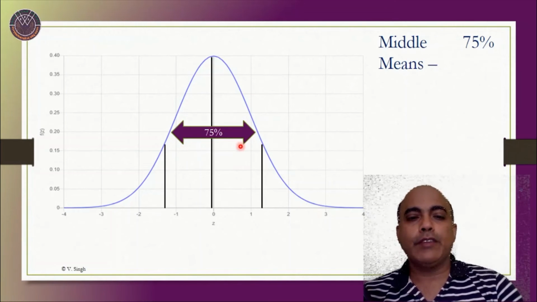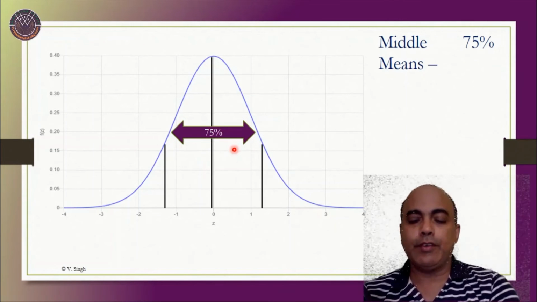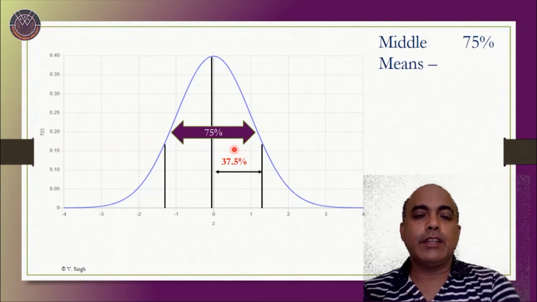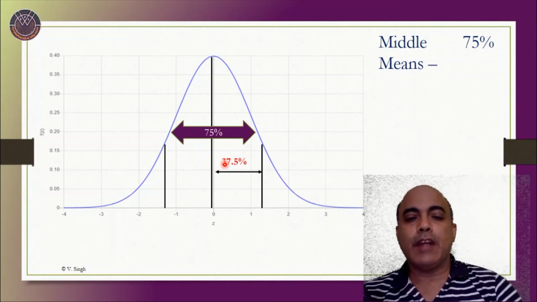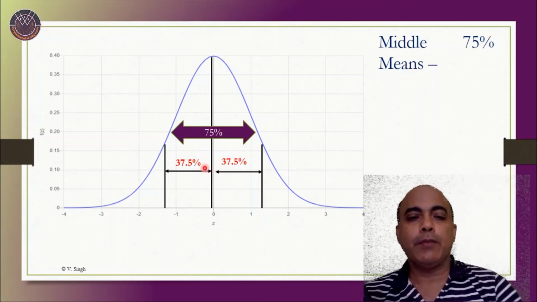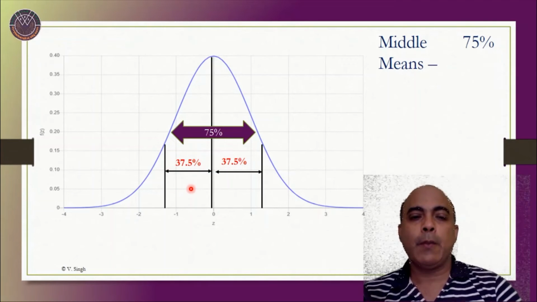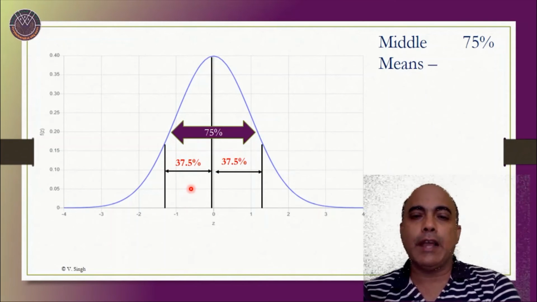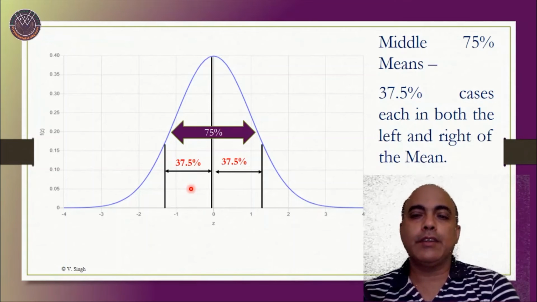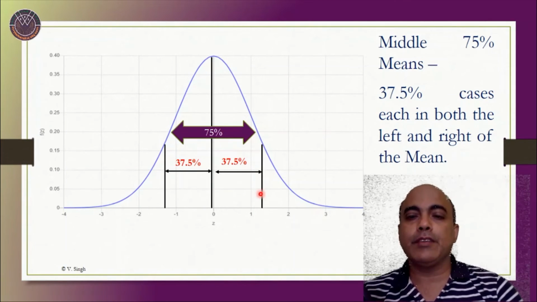If we divide this 75%, we get 37.5% cases in the right hand side and 37.5% cases in the left hand side. So this is the scenario. We can say that 37.5% cases each lie on both the left and right of the mean.